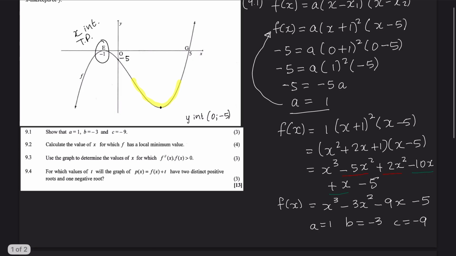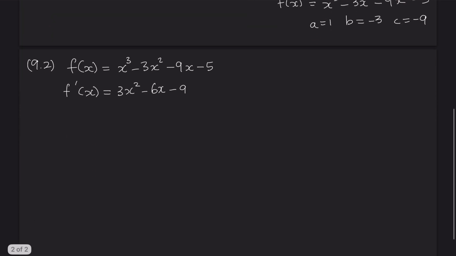Now at this local minimum and at the maximum, you equate the derivative to 0. So 0 equals 3x squared minus 6x minus 9. We can simplify by dividing everything by 3. So 0 equals x squared minus 2x minus 3.